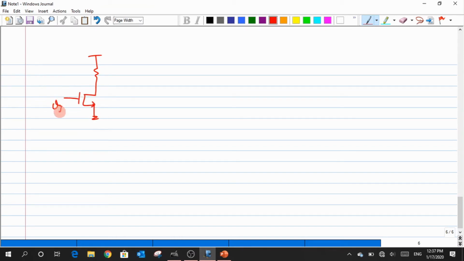I have this Vin and I have this Vout, and it's nothing but a CS amplifier. I just want to compute the capital GM of the circuit. First I need to draw the small signal model. So I just begin with the gate and then the drain, and then the source which is connected to my ground.